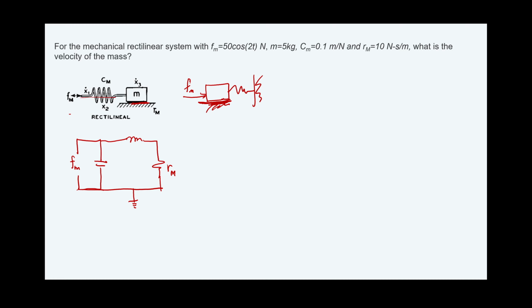So if they are in series, meaning in series between the force and the mass, it acts parallel, no? So the function is parallel. But if it is between the ground, it actually acts like series, no? So you have M here.